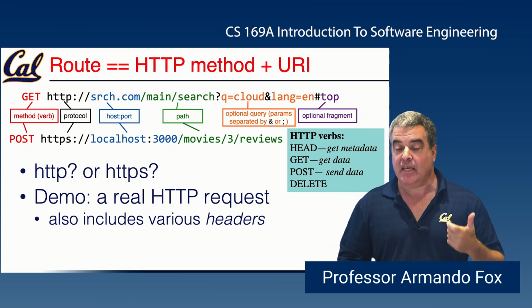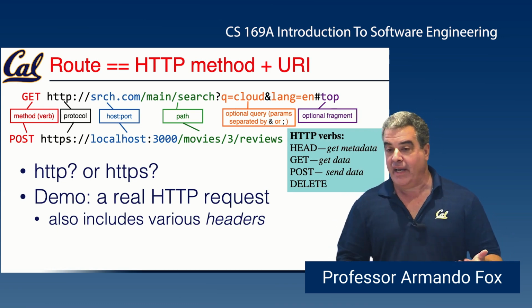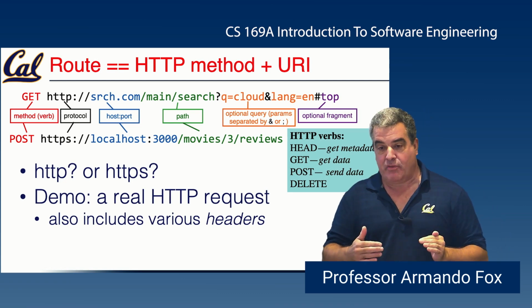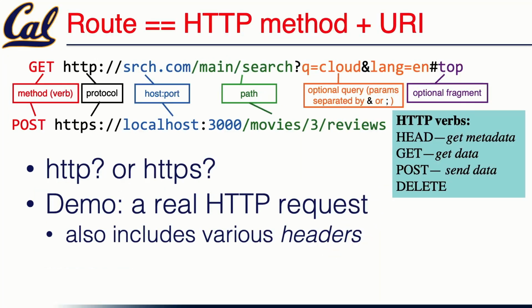The server did not see localhost:8000. Why? Because that's how we got to the server in the first place, right? So there's always going to be that difference between, if I'm writing out, hey, this is the request you have to do, you'll see the protocol, the host name, the port, and then the rest of the URI. But if you look at what the server sees, it's not going to see the part about the host name and the port, because that's itself. That's how the request got there in the first place.